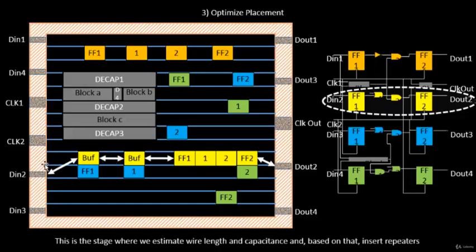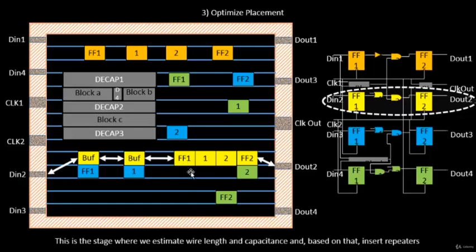These repeaters will take the signal from D in 2, recondition it, and send it again. This buffer will again reproduce the same signal and send it again. So whatever signal conditions were at D in 2 will be faithfully reproduced at the input of flip-flop 1. That was the purpose of adding these two buffers.